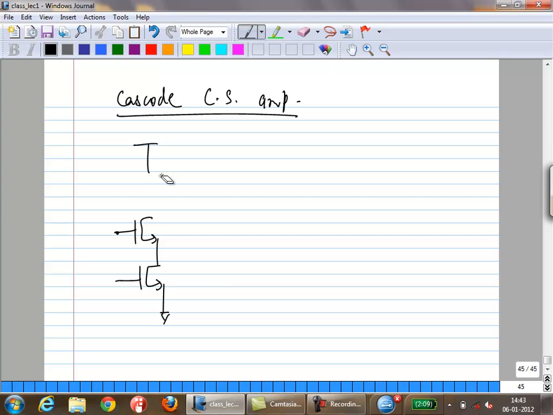So let's make things easier. Let's use an ideal current source. Okay. What is the output impedance of the circuit?